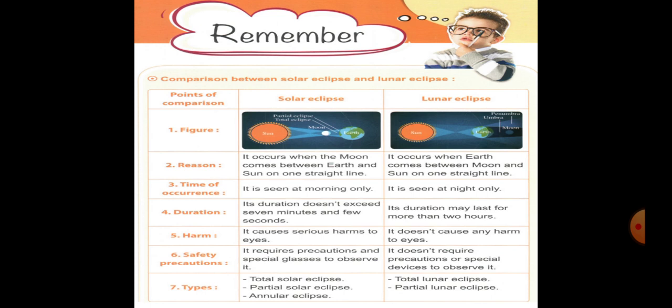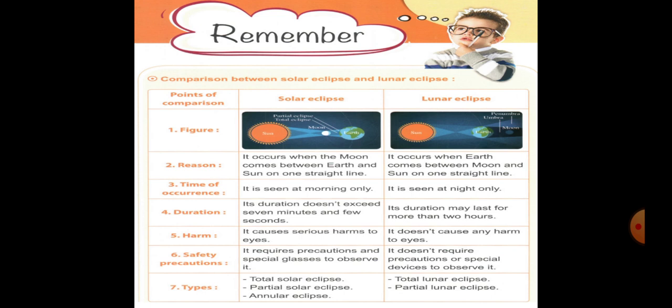What about the harm? The solar eclipse causes serious harm to the eyes. It may cause blindness. What about the lunar? No, it doesn't cause any harm to the eyes. What about the safety precautions? The solar eclipse requires special glasses to observe it. You must wear special glasses to observe it. While the lunar eclipse doesn't require any special devices or special glasses to observe it.